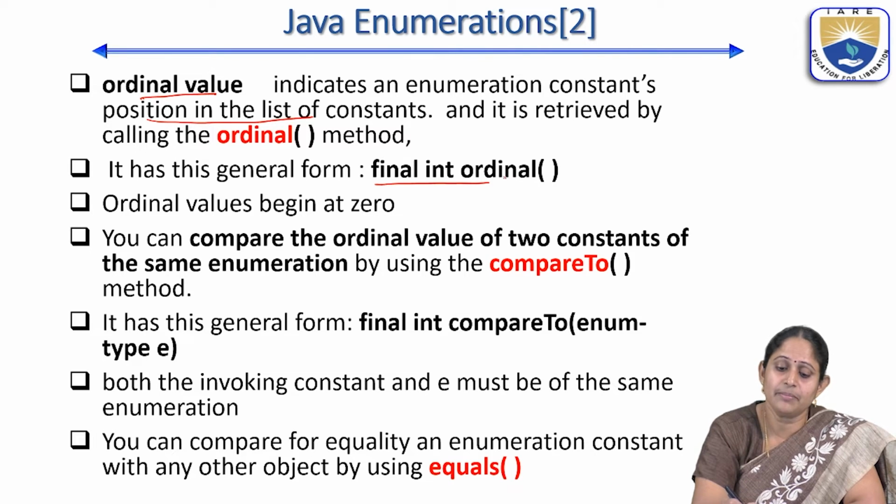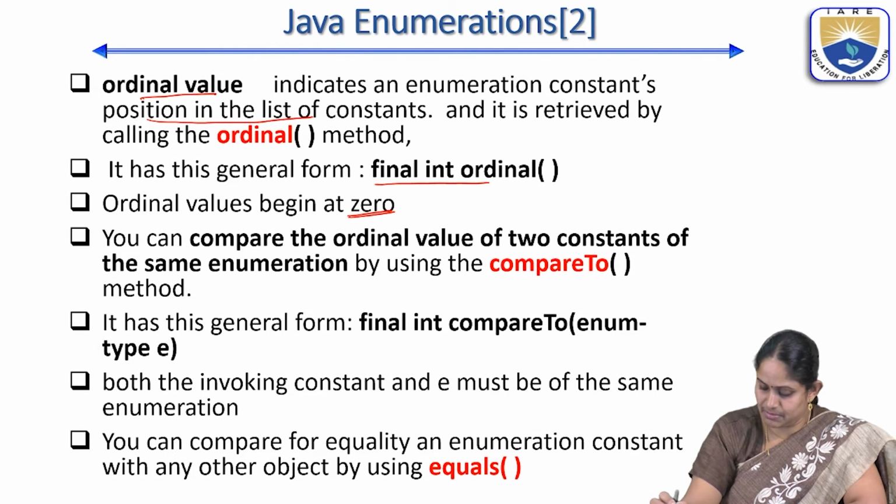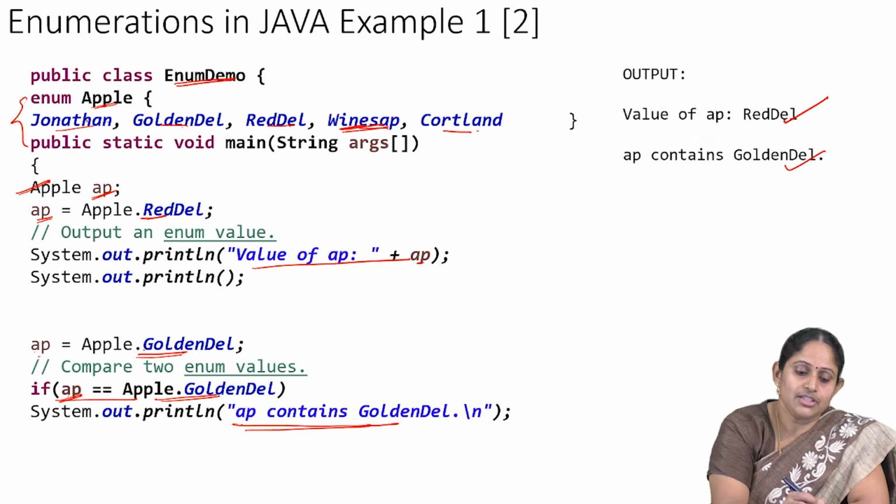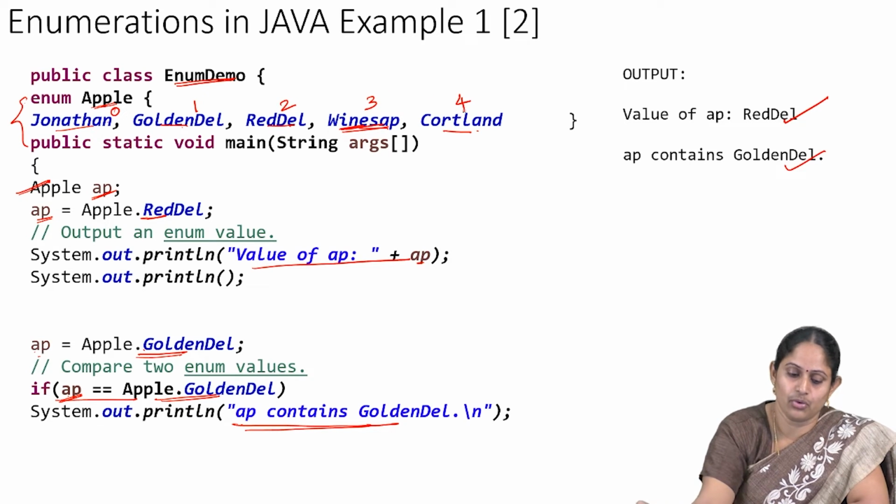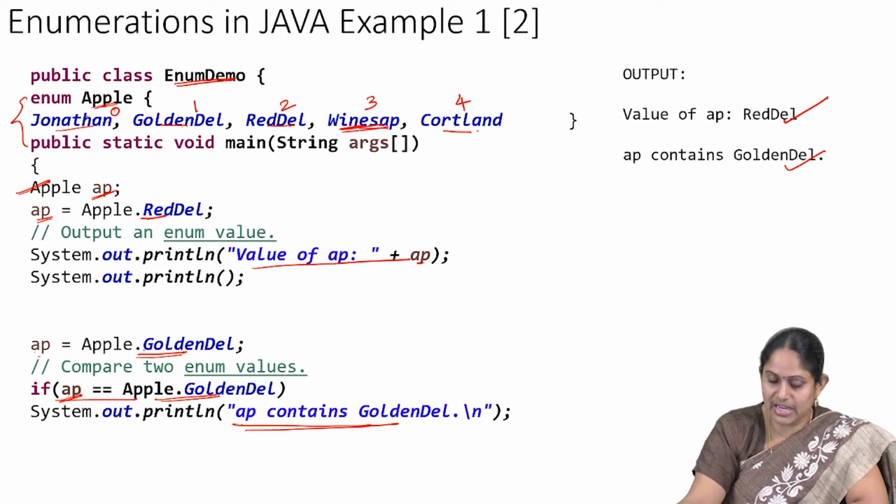That means this method cannot be overridden. The ordinal values always start with 0. That means in our example, Jonathan will be at location 0, Goldentail at location 1, Redtail's ordinal value is 2, this is 3 and 4. So the ordinal value always starts with number 0.